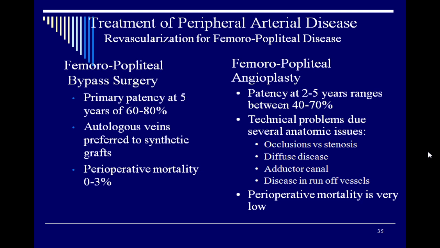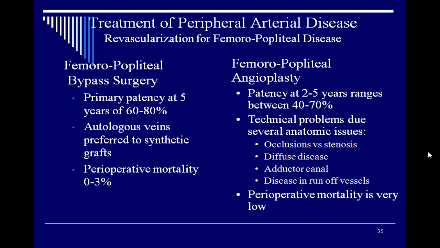Treatment of peripheral arterial disease. Revascularization for femoropopliteal disease. Femoropopliteal bypass surgery. Primary patency at 5 years of 60-80%. Autologous veins preferred to synthetic grafts.